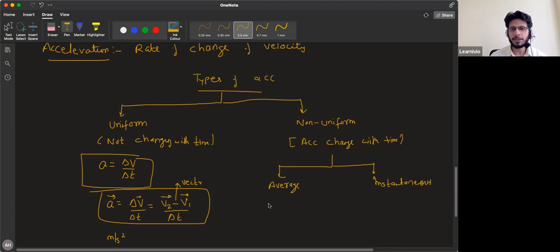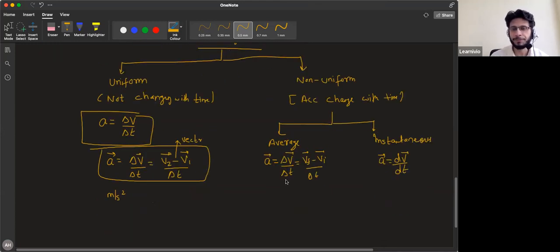For average acceleration, the simple relation is change in velocity divided by time interval, or final velocity minus initial velocity divided by time. Instantaneous acceleration is just the rate of change of velocity, dv over dt.